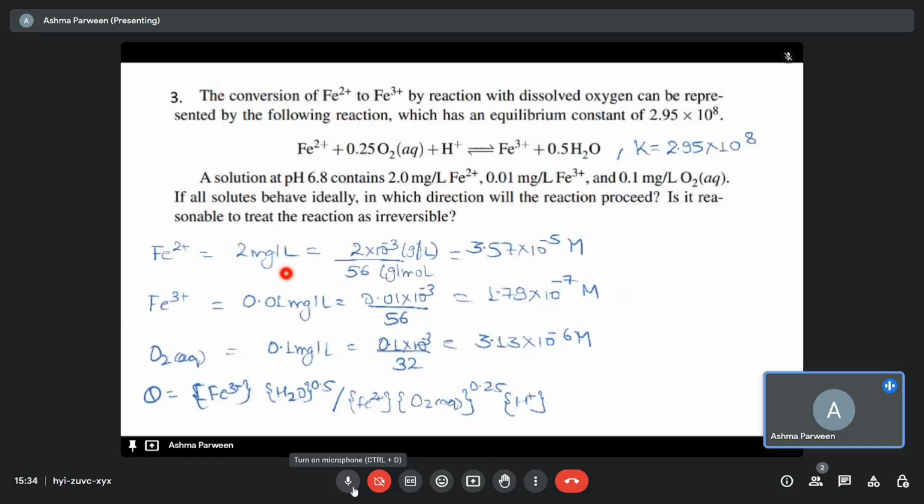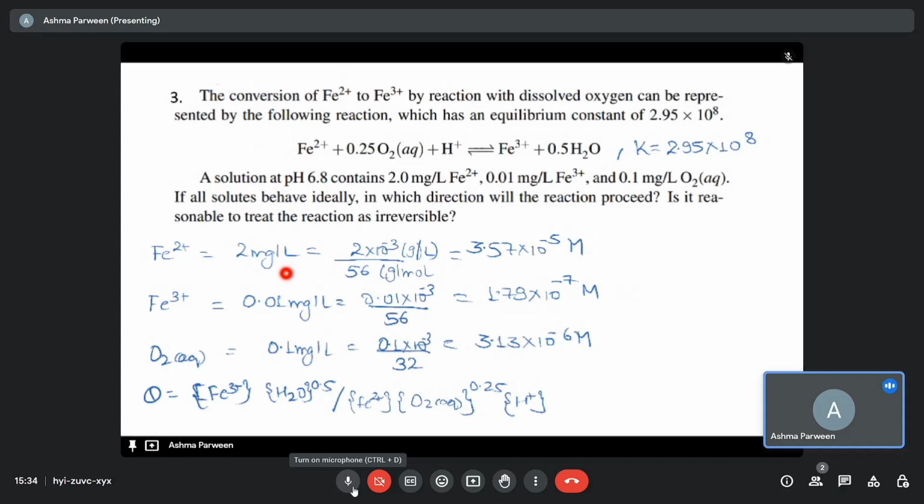So in the question the concentration of all the species was given, and we have to find the reaction quotient and compare it with the equilibrium constant. If it is greater than the equilibrium constant, the reaction will move in the backward direction to reach equilibrium, and if it is less than the equilibrium constant, the reaction will move in the forward direction towards equilibrium.